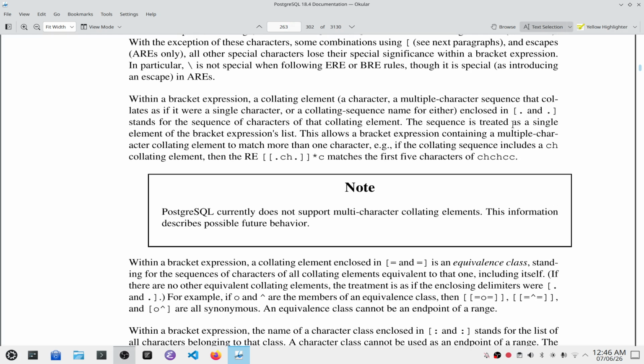The sequence is treated as a single element of the bracket expression's list. This allows a bracket expression containing a multiple character collating element to match more than one character. Example, if the collating sequence includes a ch collating element, then the RE bracket bracket dot ch dot bracket bracket star matches the first five characters of chchcc.